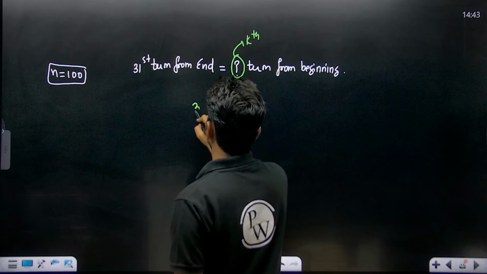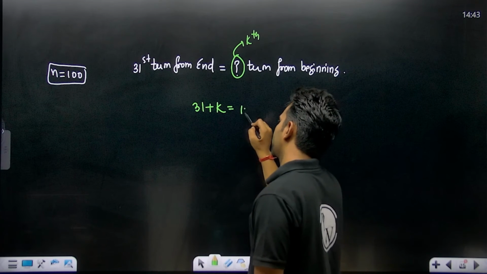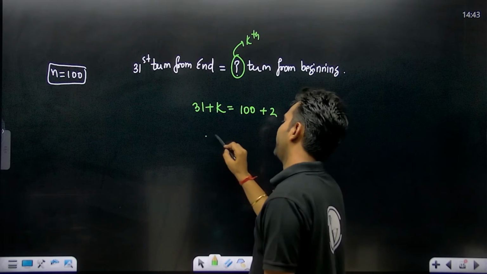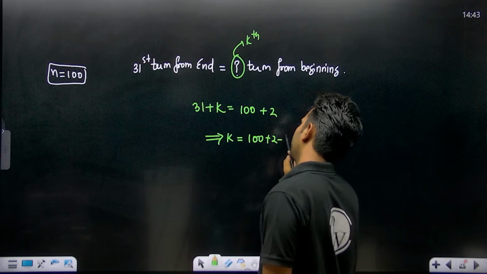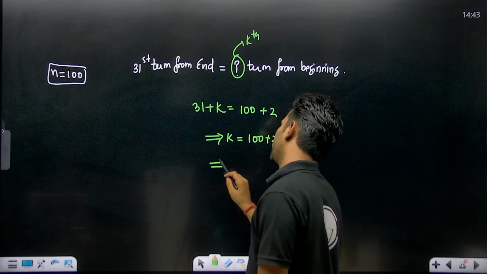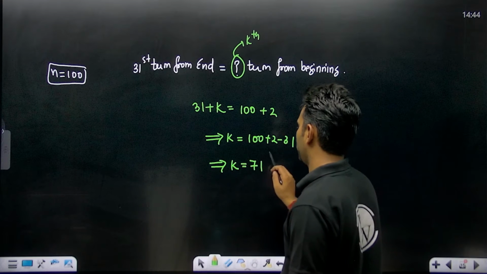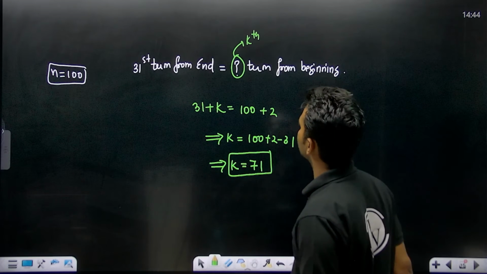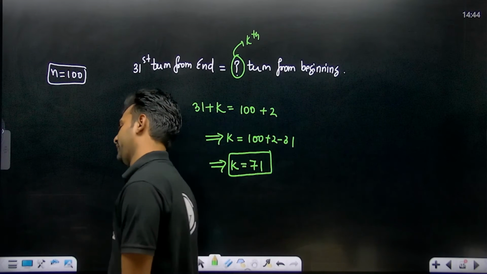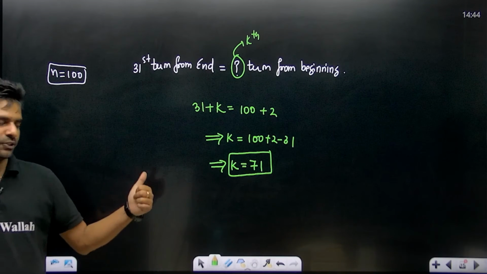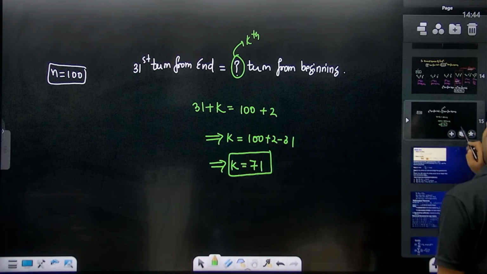So the value of 31 plus k has to be equal to what? N plus 2, that is this. So the value of k is what, now you guys can evaluate quite comfortably. This is going to be 71. That's it. So 71st term from the beginning will be same as 31st term from the end.